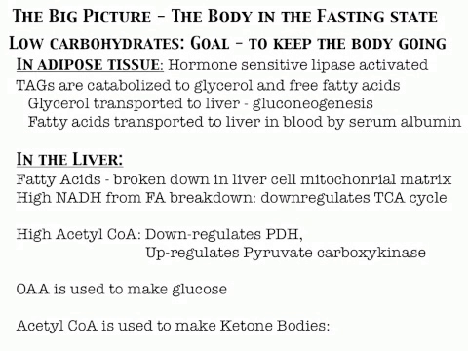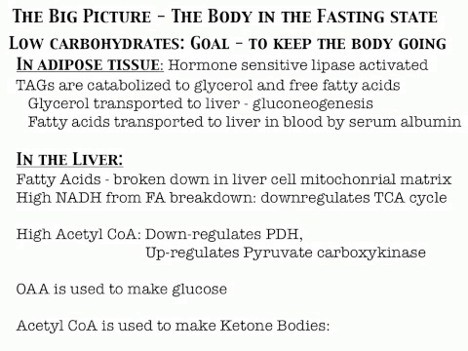Fatty acids must be transported by serum albumin. They are transported in the blood to the liver. Once in the liver, fatty acids are broken down in the mitochondrial matrix. Because the levels of NADH are increased from fatty acid breakdown, this downregulates the TCA cycle by inhibiting isocitrate dehydrogenase and alpha-ketoglutarate dehydrogenase.